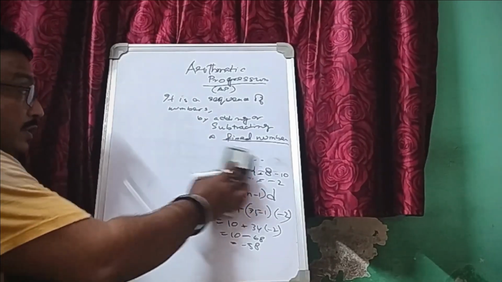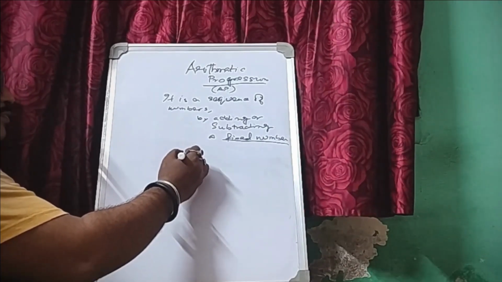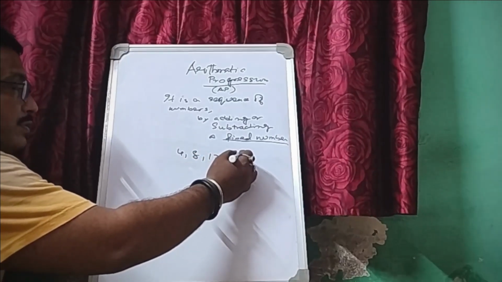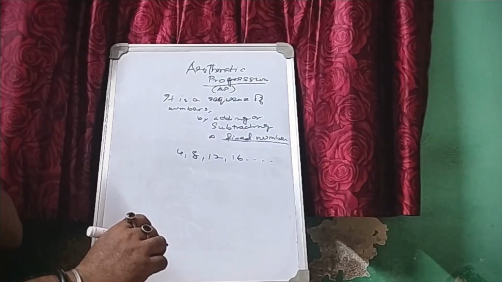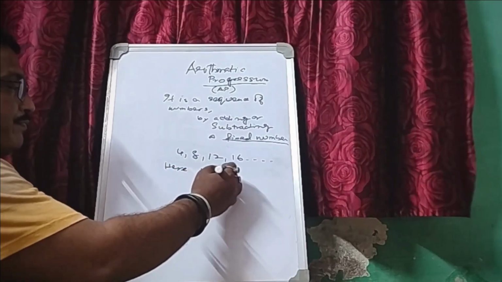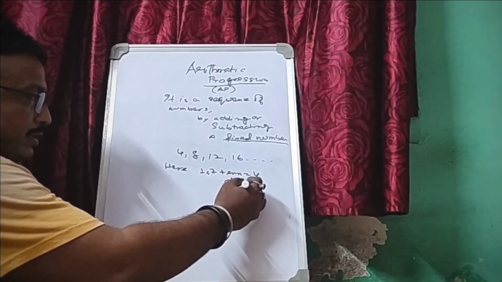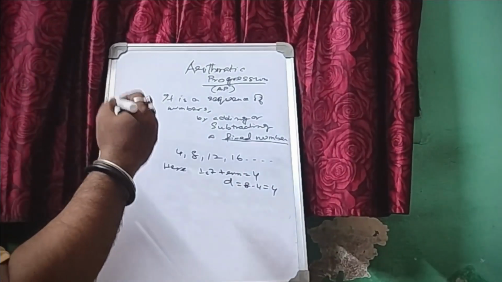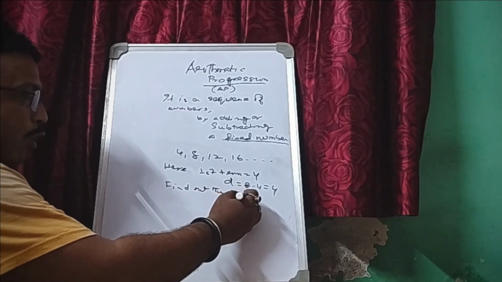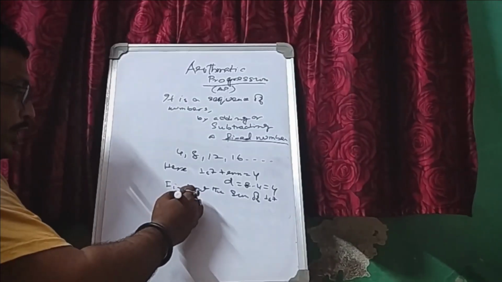Now, after that, there is a series. Here, first term 4, common difference 4. Find out the sum of first 20 terms.